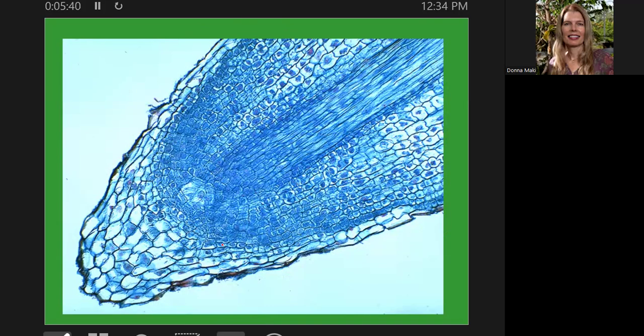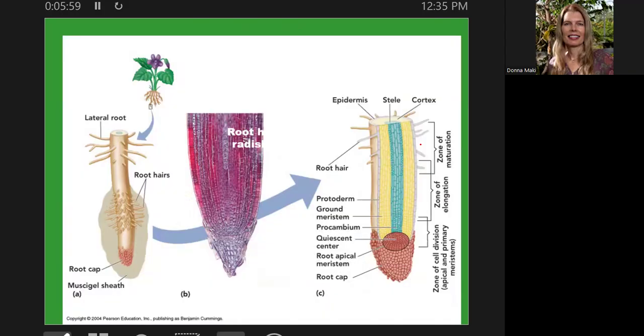Under the microscope of a real root, you can see the root cap region here, and then the apical meristem. And then the elongation area, you don't even see the maturation zone here. Another view.